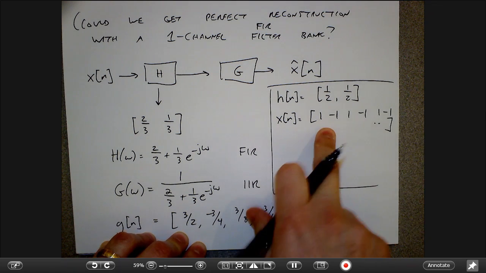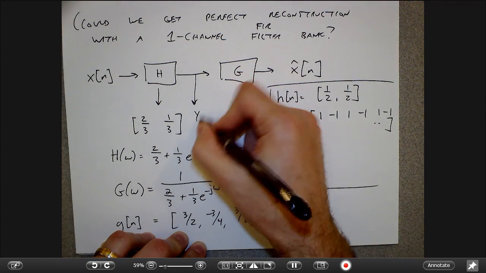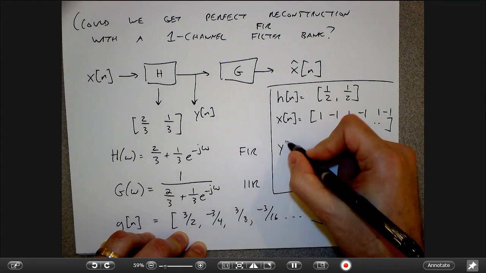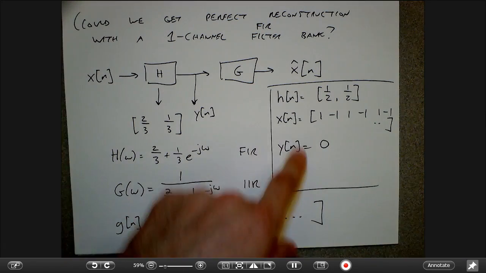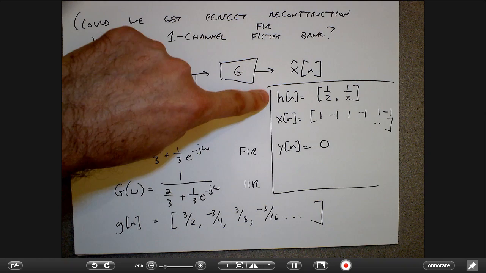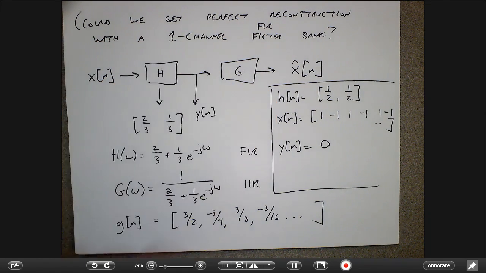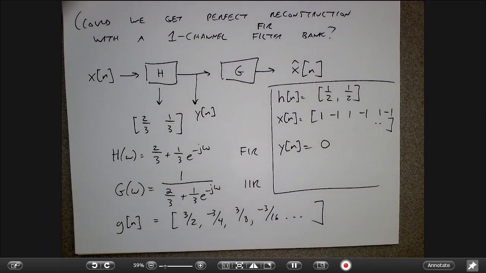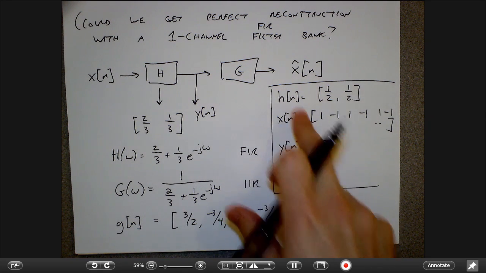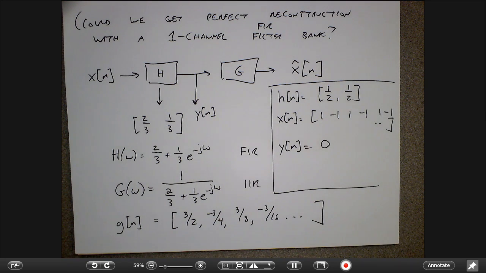When I filter this with that, my output here, I call that Y of n, is going to be 0, right? If I think about this as a pole-zero plot, there's a zero at pi, and this signal is oscillating at exactly the frequency pi, so basically this frequency is getting entirely filtered out by this FIR filter, right?